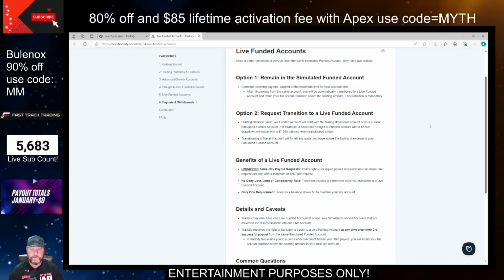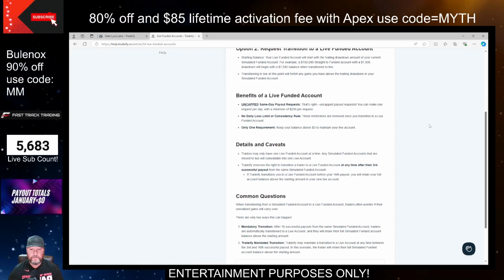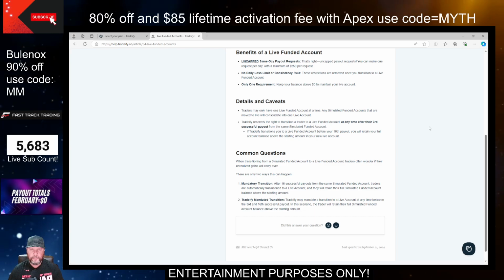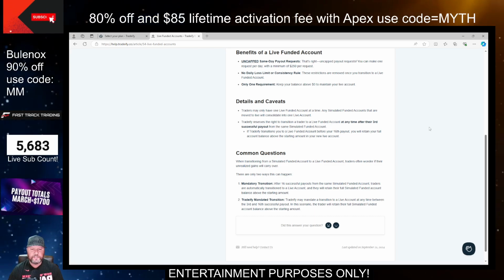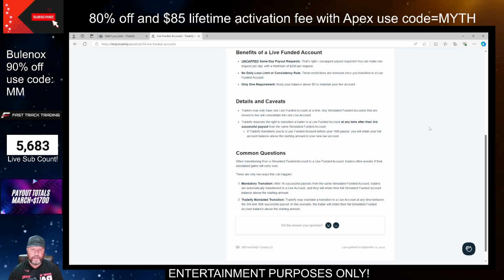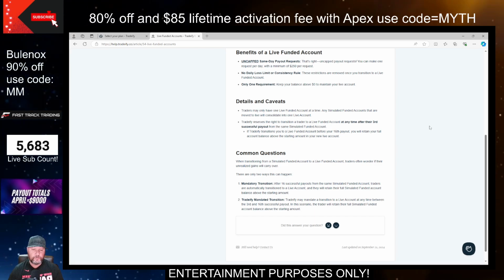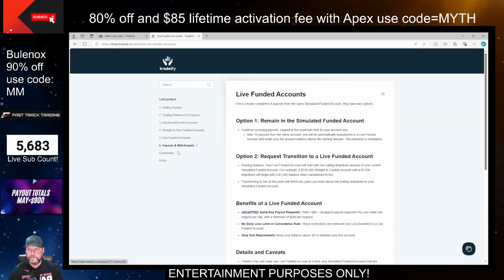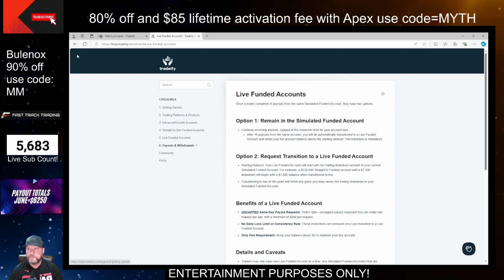I guess that's just saying if they move you to a live, not really any benefits to a live if you're asking me. But Tradeify may mandate a transition to a live account at any time between the 3rd and 16th successful payout. In this scenario, the trader will retain their full simulated funded account balance above the starting amount. So this gives you a little bit of information there.